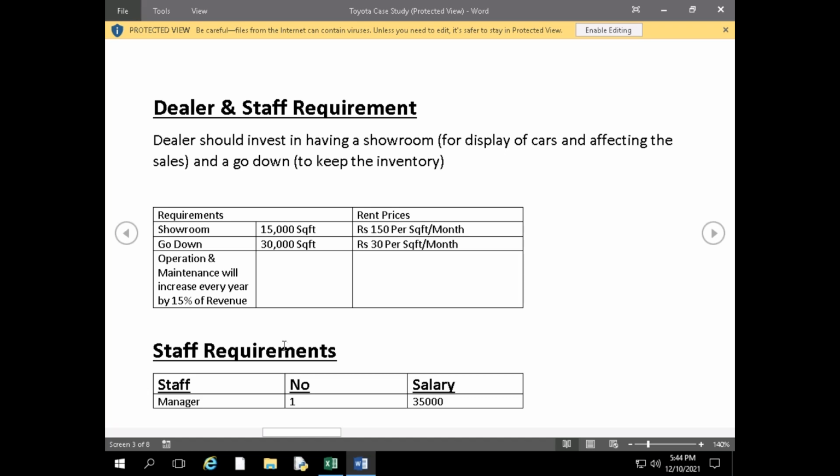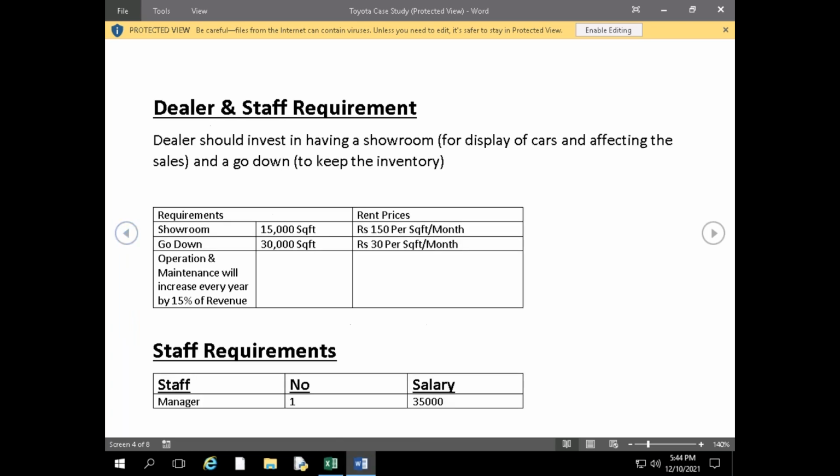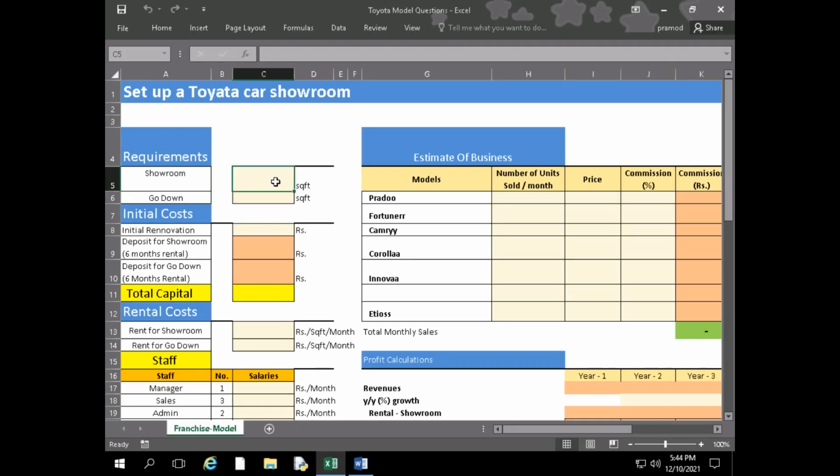Operation and maintenance will increase every year by 15% of revenue. Staff requirement: one manager with a salary of 35,000, sales persons 3, admin 2, godown 3, with particular salaries. Salary increment every year is 10%. So you should increase it by 10%. This much we will add first.